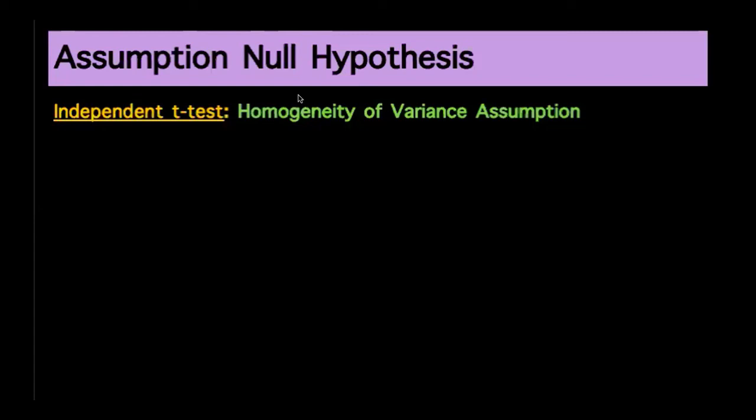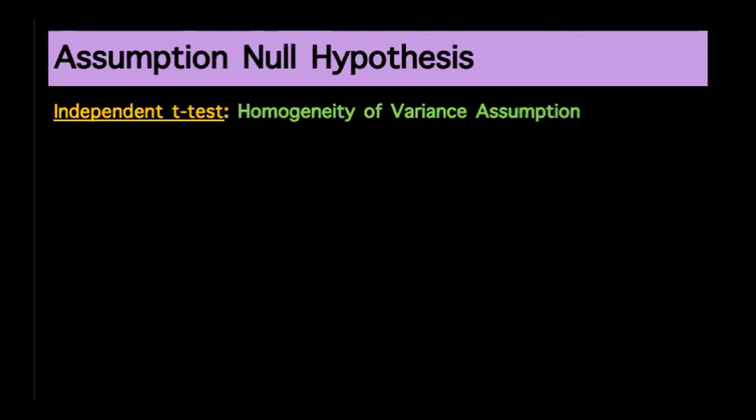But this assumption can't be assumed without calculation. Homogeneity of variance is going to show up in your SPSS output, and based on the results of that test, you'll understand how to further read your t-test results.